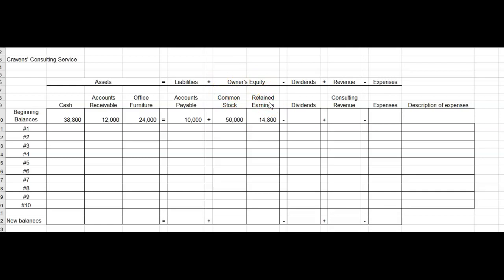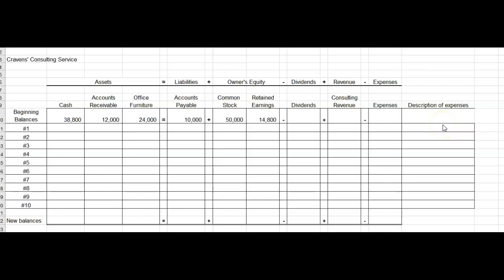Separate columns are provided for dividends and consulting revenue, but there is only one column for expenses, even though we'll be working with several expense accounts. Rather than make this spreadsheet even wider than it already is, all expense amounts will be shown in the expense column, and the titles of the expense accounts will be written in the description column.